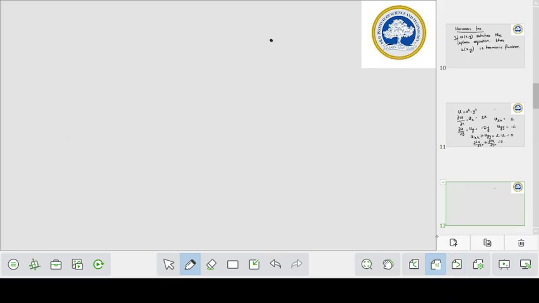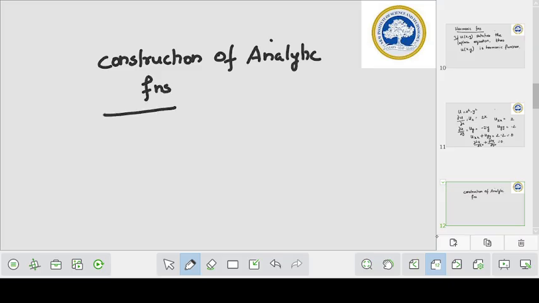So next we have the Milne-Thomson method, that is the construction of analytic functions. How will you construct the analytic functions? Here you will use the Milne-Thomson method.